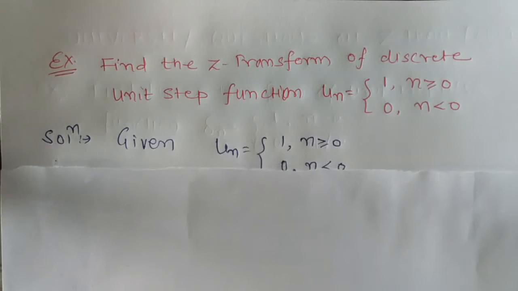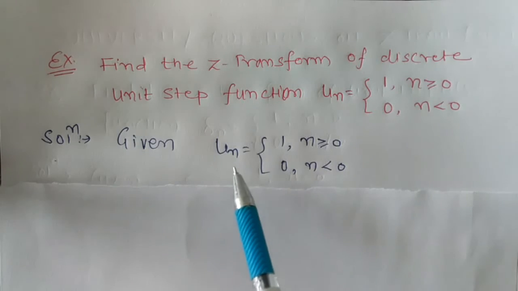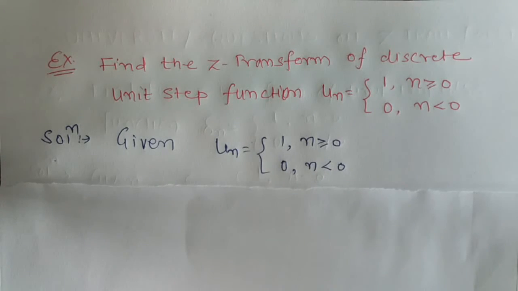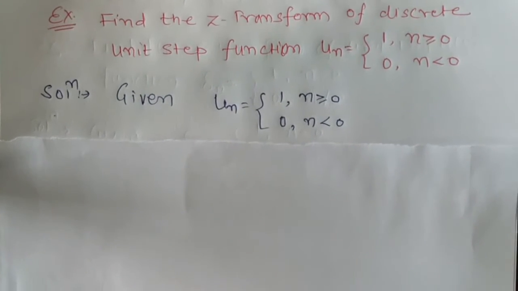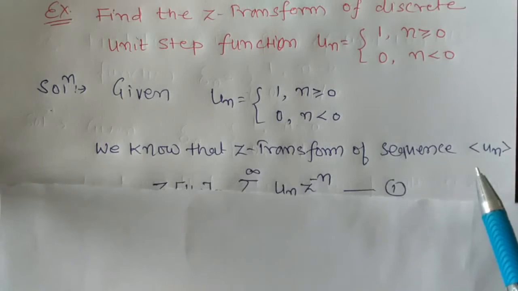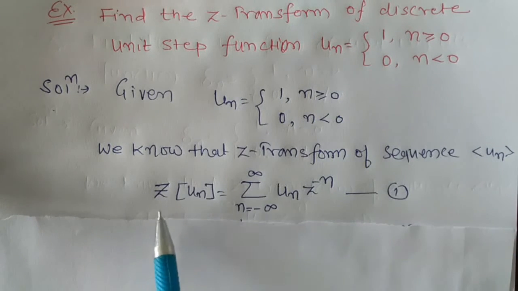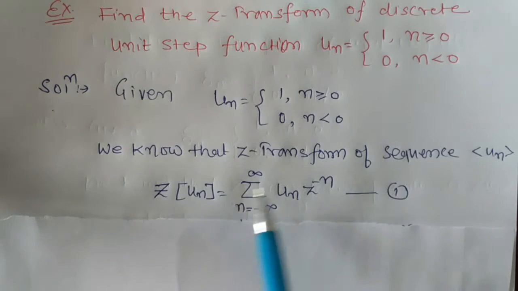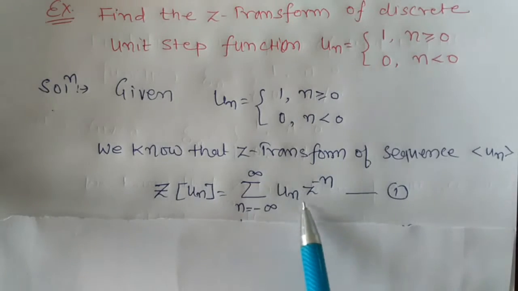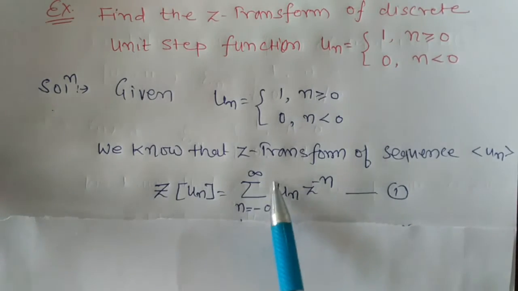So the given function is u n equal to 1 for n greater than or equal to 0 and 0 for n less than 0. Now by definition, the Z transform of the sequence u n is defined as the summation n goes from minus infinity to plus infinity u n into z power minus n, the bilateral Z transform.